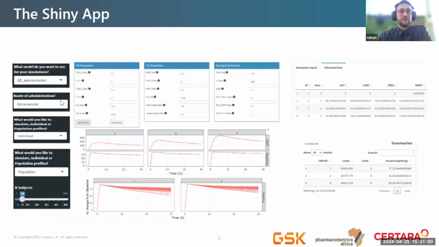And then we could choose route of administration, obviously. We could also simulate either individual profiles or POP-PK profiles. And then there were various parameters that the researcher could input, as well as the simulation parameters. The outputs were graphs of our simulations, as well as the data, as well as summaries of that.